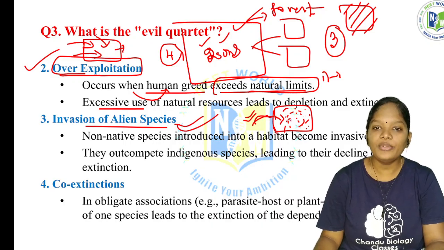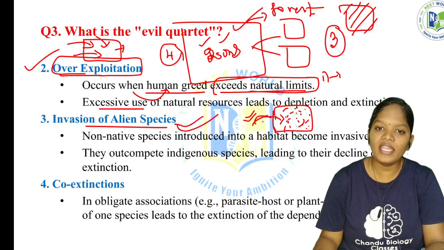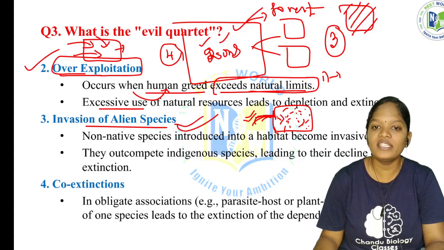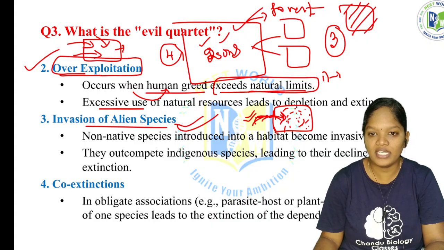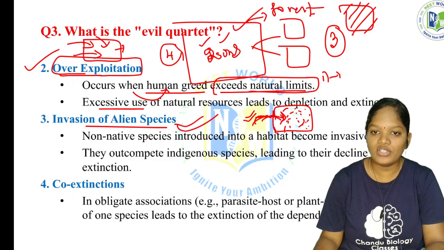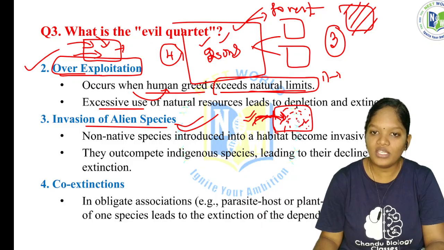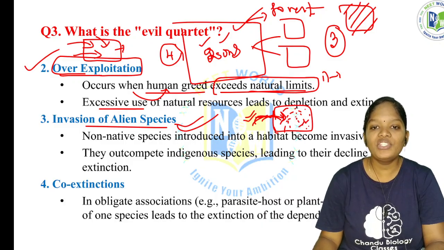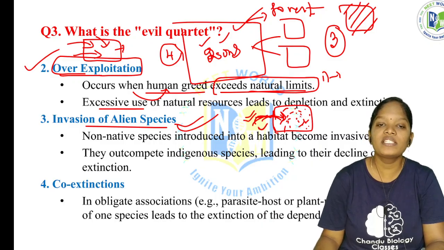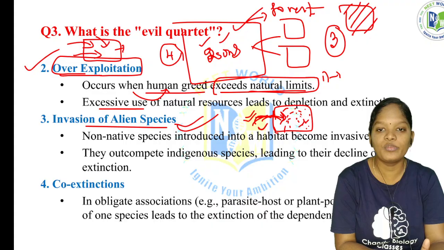The species present in the ecosystem may be vulnerable. Whenever they compete with each other, the alien species will win, and automatically this results in the extinction of a native species.